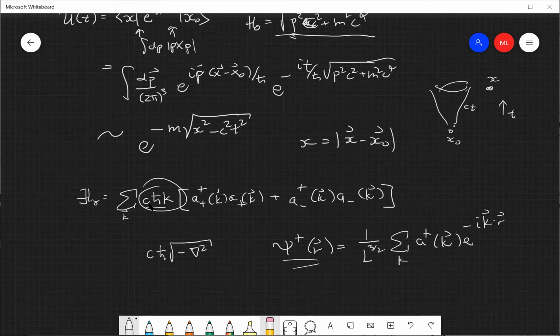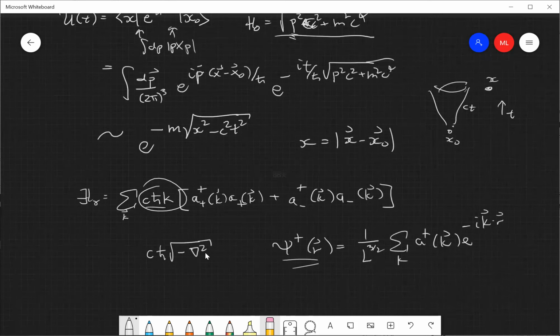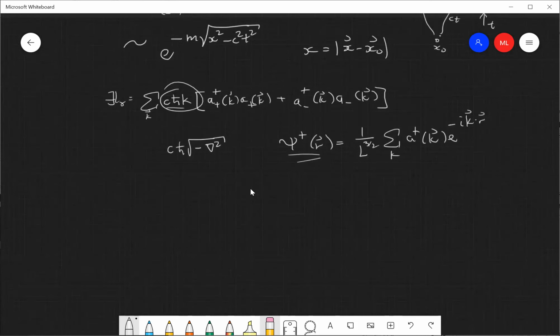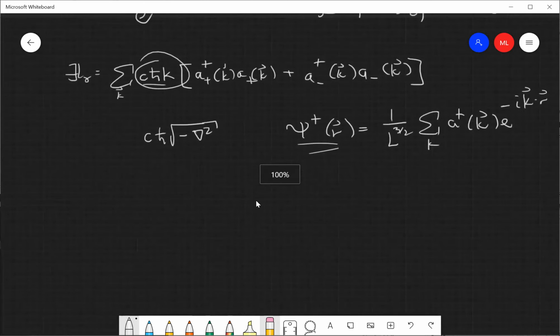So you have to introduce slightly modified field operators. And those field operators turn out to be the operator versions of the vector potential, A, if you remember from E&M.